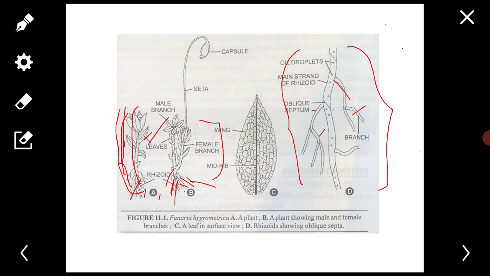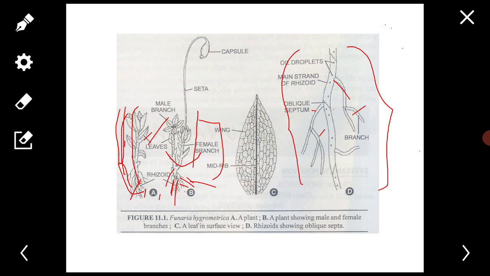The branches usually arise from the basal portion, you see here, of the axis and become vertically erect, similar to the main axis.